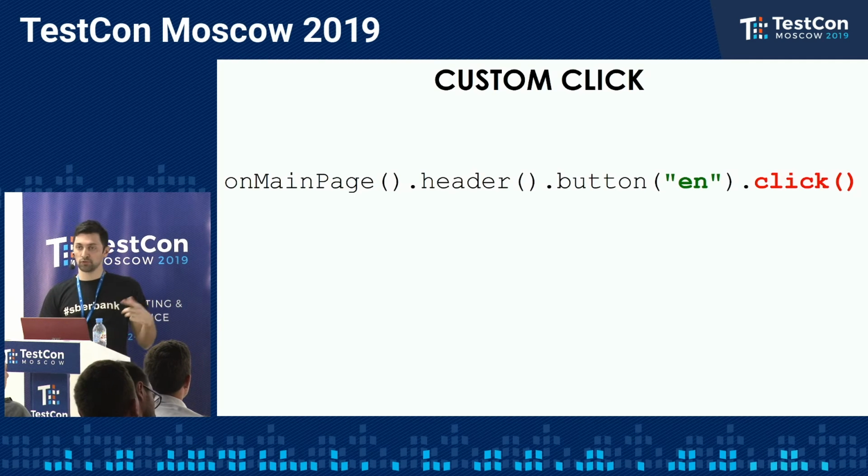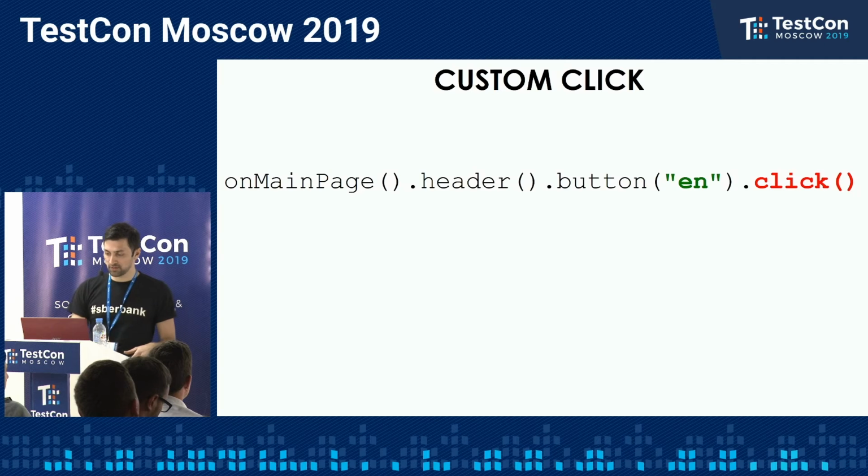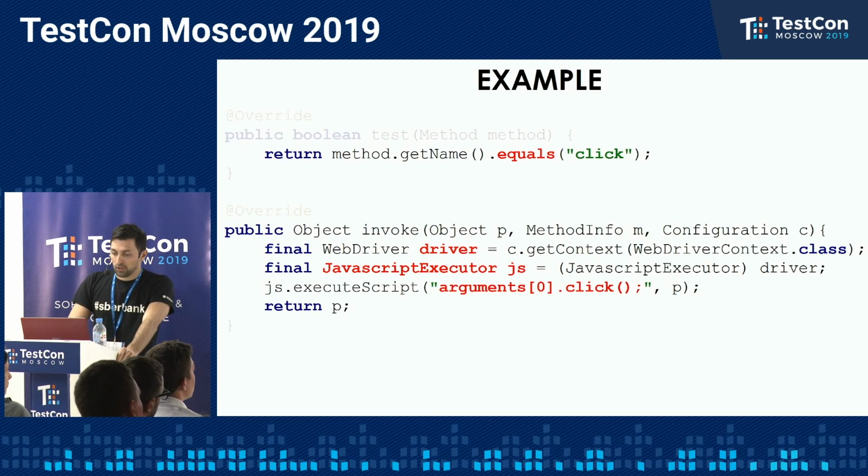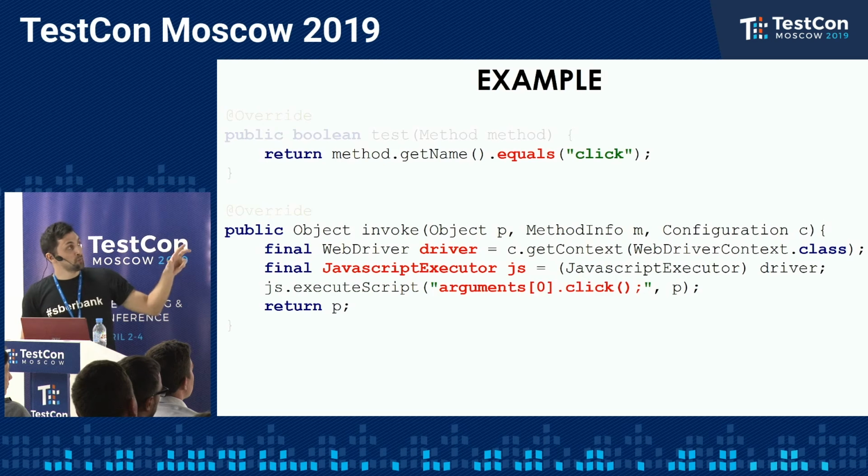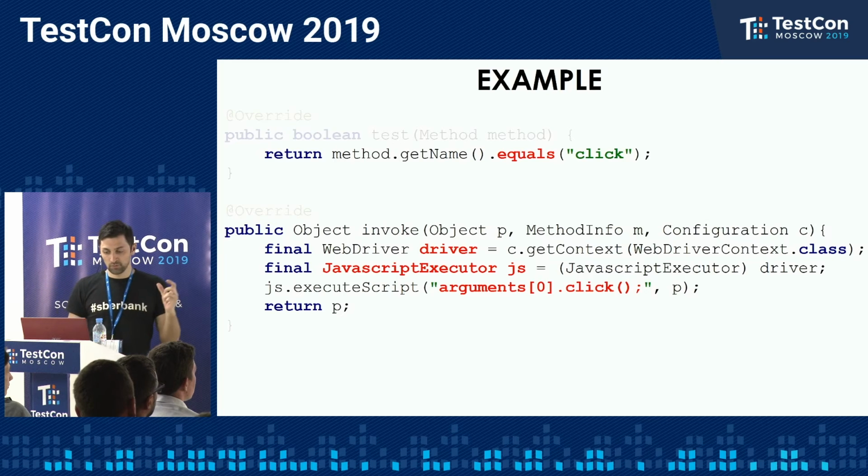For example, you would like to redefine click for the whole project, to call a JavaScript click. Yeah, you really should not do this, but sometimes you just have no other option. So what do you do to achieve this? In the test method you redefine the click method.